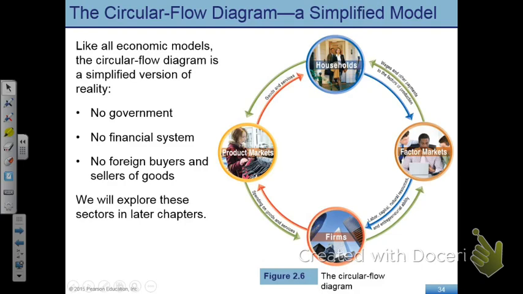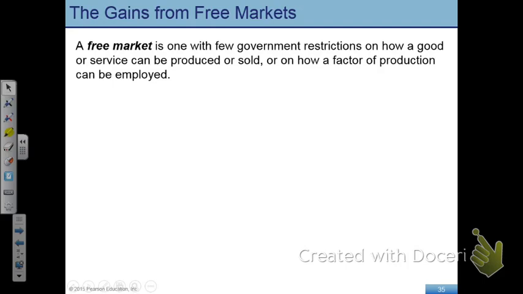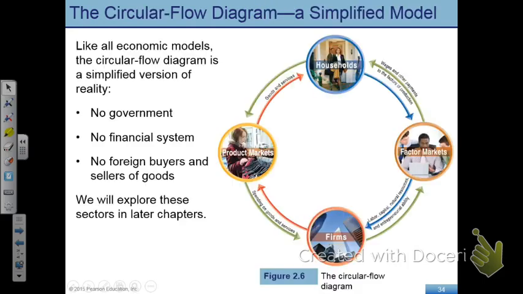In economics, the money or the price that households pay for the goods is called spending. Okay? So, two kinds of financial transaction: wages and other kinds of payments going to the households, and spending going to the firms.